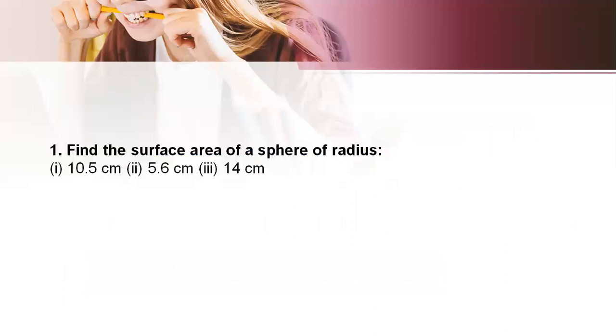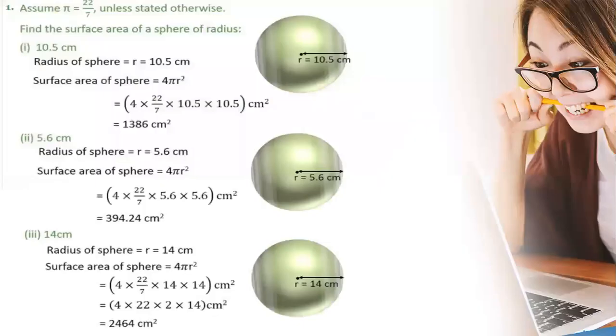First problem. Find the surface area of the sphere of radius 10.5 centimeters, 5.6 centimeters and 14 centimeters. So, we are given the radius of the sphere and need to find the curved surface area of the sphere. In the first case, we are given the radius as 10.5 centimeters.